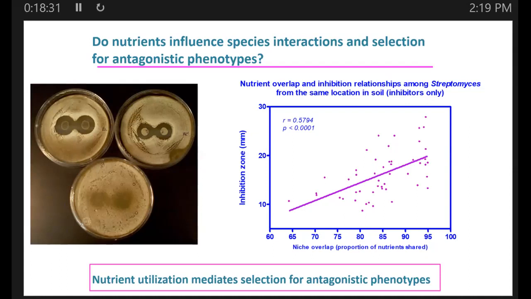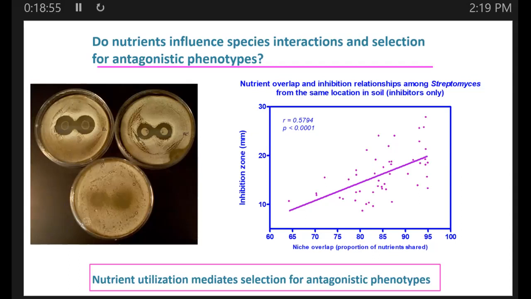So we started to ask the question, under what conditions do we do that? That graph on the right is showing the idea of, when you grow these bacteria and the pathogen, do they share nutrients? Do they like to eat the same things? Yes or no? On the x-axis you're seeing the proportion of nutrients shared.